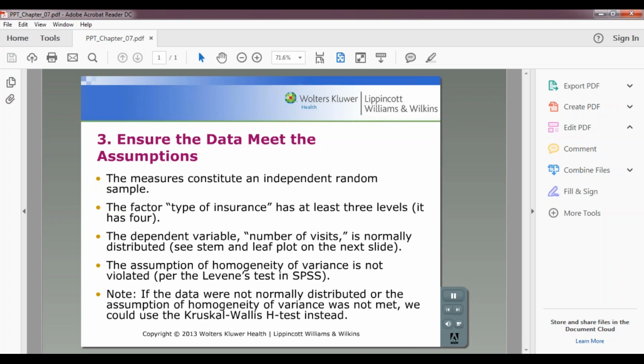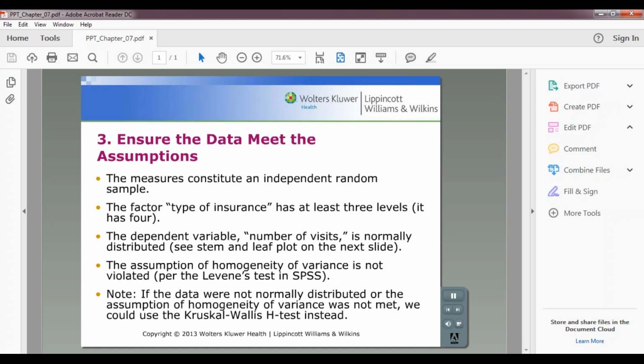See how confusing this can get. They just use multiple different types of terms. I think these authors do it this way to confuse you on purpose, but that's a whole other story. The dependent variable is our number of visits. It's our outcome, okay? And we assume that the data, when we do the preliminary analysis, is normally distributed.